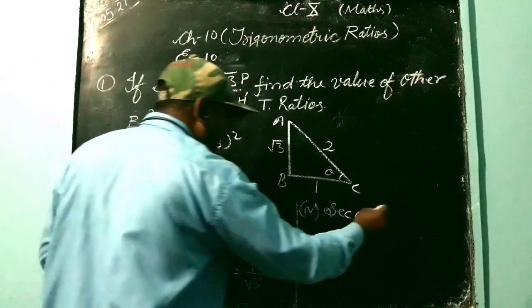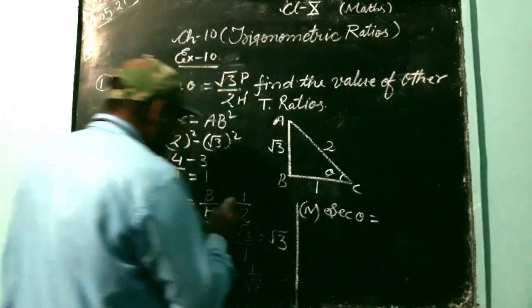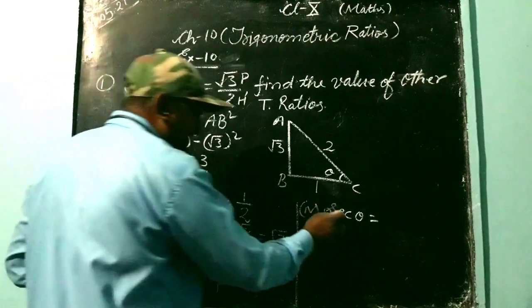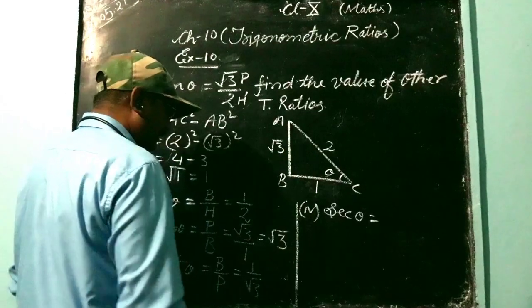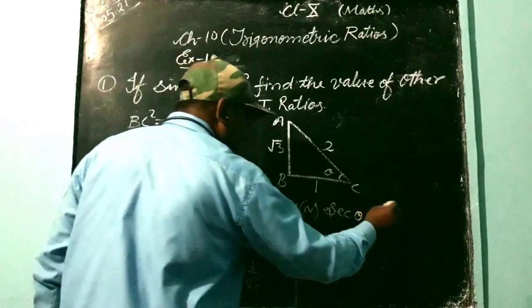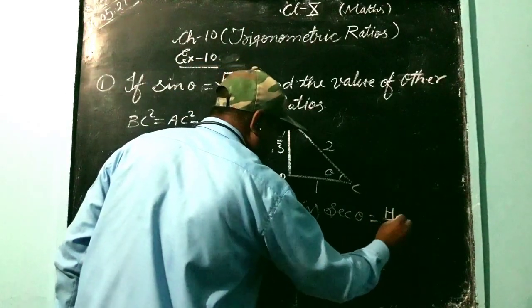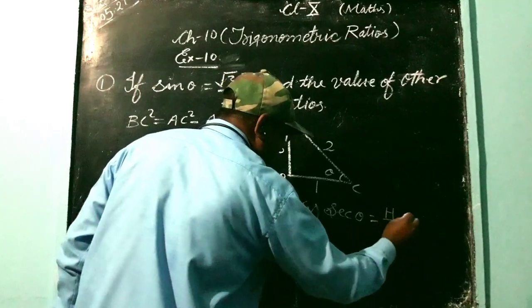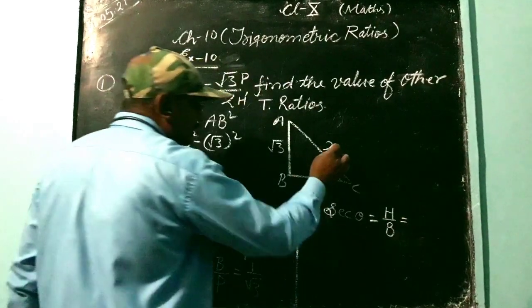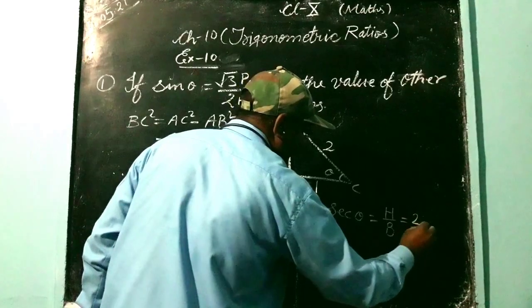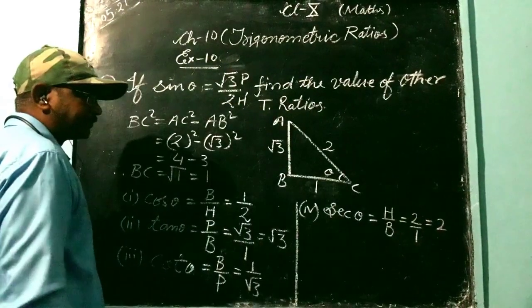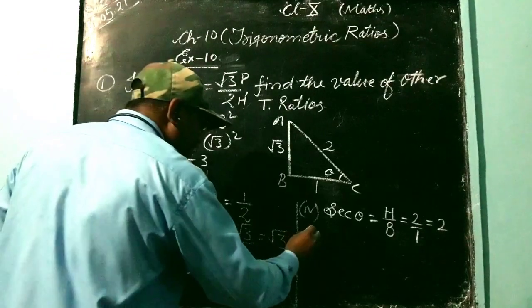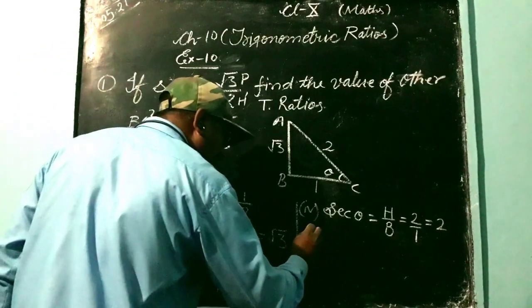Cos theta is B upon H, so sec theta is equal to H upon B, hypotenuse upon base. The hypotenuse comes 2 and the base comes 1, so 2 upon 1 is equal to 2. Clear?